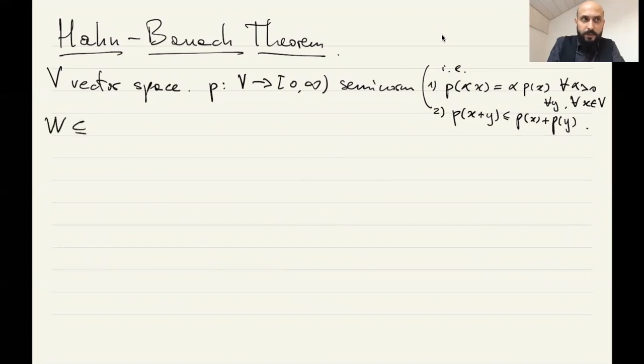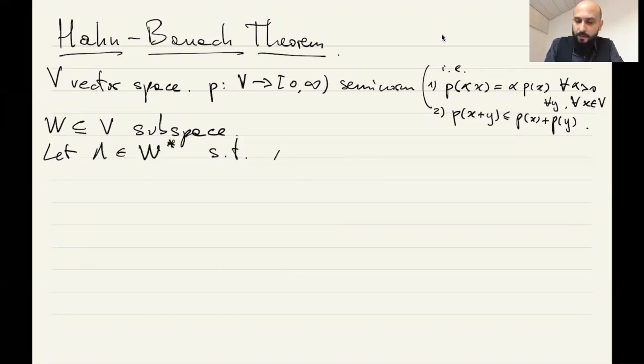Now we consider a subspace W. In our example before, this was a line. And we consider a map lambda in the dual of W that has a control: lambda of x is bounded by P of x.